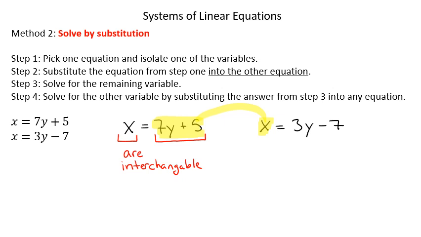So one equation, you isolate a variable, and then you substitute that into the other equation. So equation number 2, instead of saying x equals 3y minus 7, we'll say 7y plus 5 is equal to 3y minus 7.